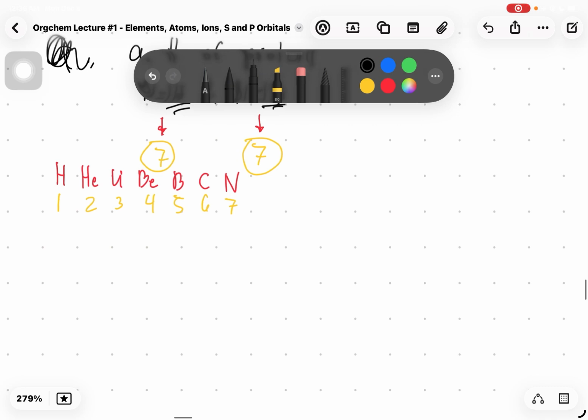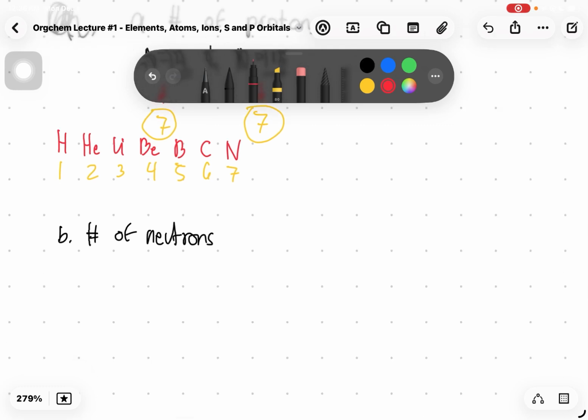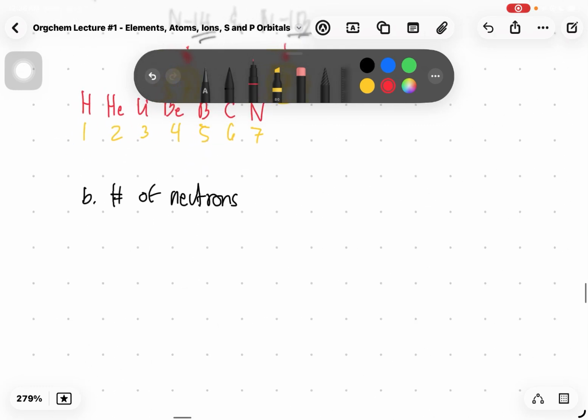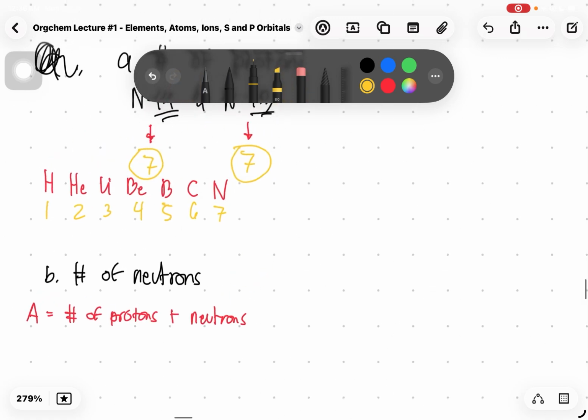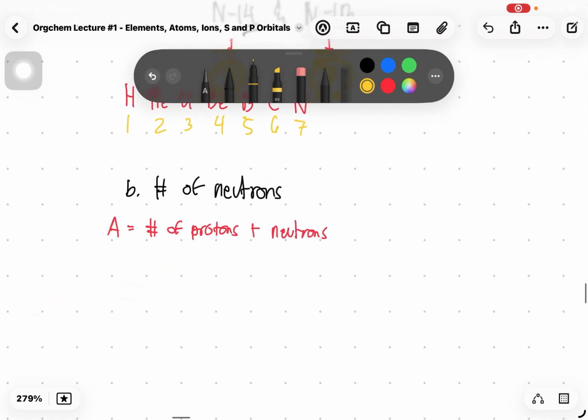Moving on to the next question, we have the number of neutrons. How can we find this out? We know that the mass number, or our A, is equal to the number of protons plus neutrons. So we already have the number of protons here, and we can just do some basic math and subtract.